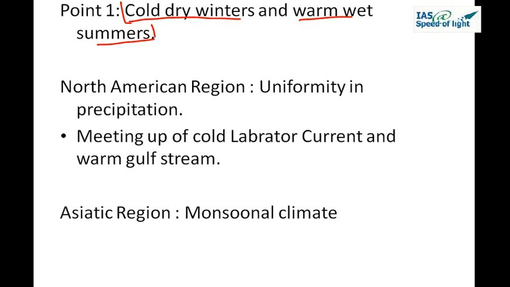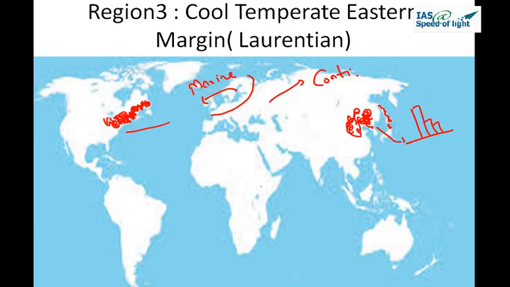Another important thing is this is a very famous region for fishing. Let us see why it is so. Here we have the Labrador current, which is a cold ocean current, and here we get the Gulf Stream, which is a warm ocean current.